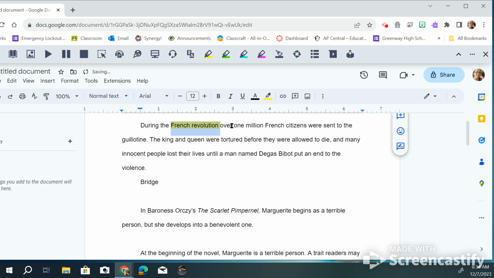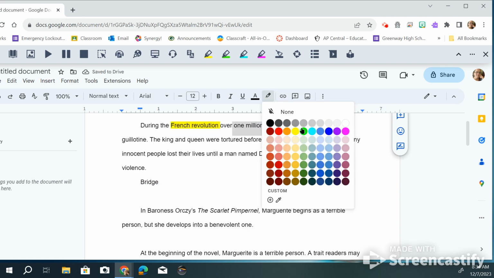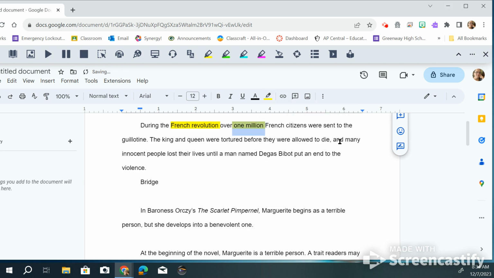So, French Revolution, 1 million. Guillotine. King and queen. Tortured. Innocent. Okay. Can we agree those are the main idea words in the hook?